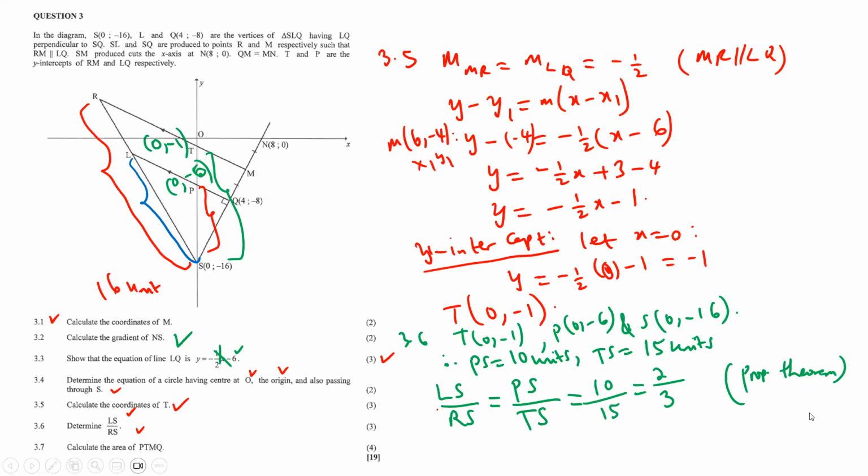We want to calculate the area of triangle PTMQ. Almost Pietermaritzburg, a town in KZN. Let's continue and do this one.